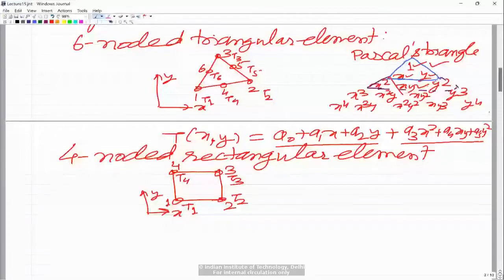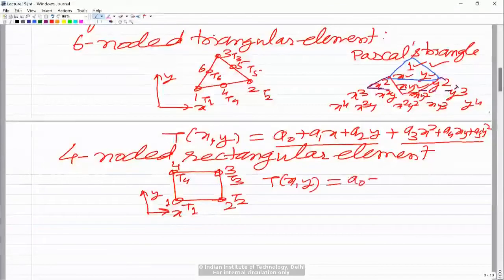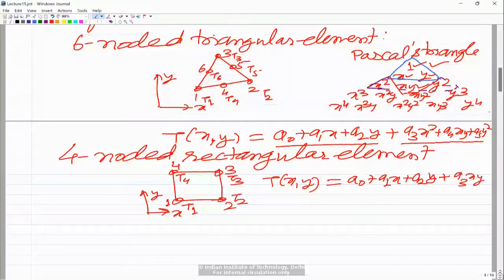So here T, which is a function of x and y, will be taken as a0, a constant term, plus a1 x, linear in x, plus a2 y, linear in y, and then when we go to the quadratic, we take a term which is geometrically invariant. So we go for a3 x times y. If you have it in this form and interchange x and y, the form of the solution doesn't change.